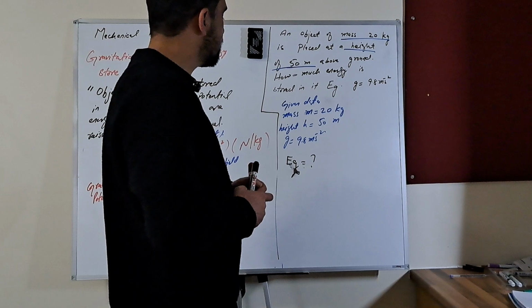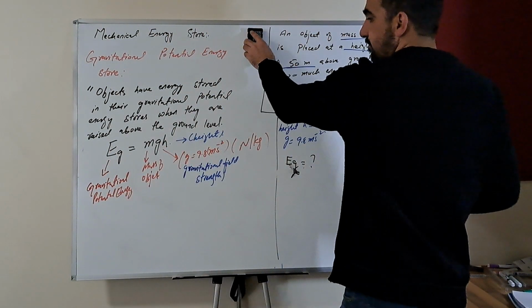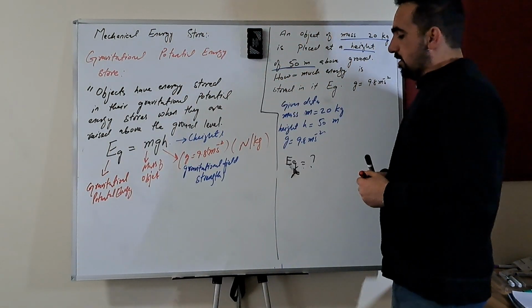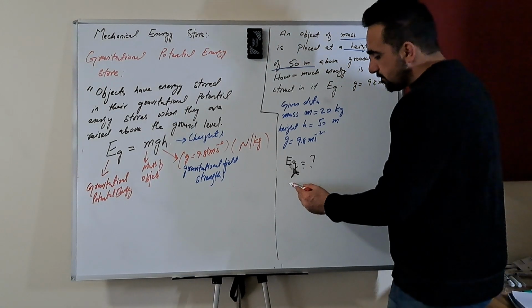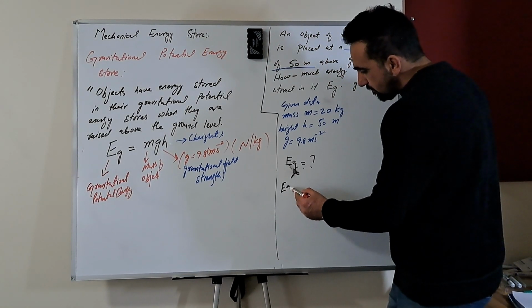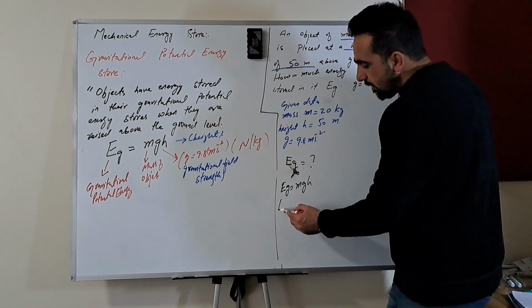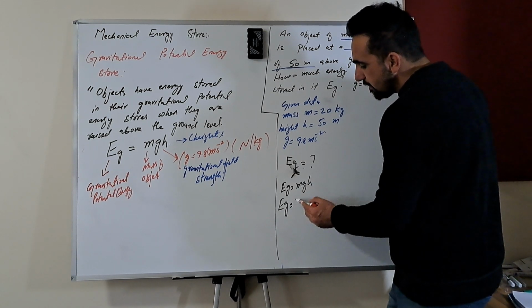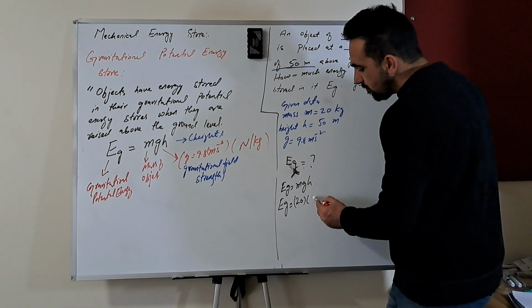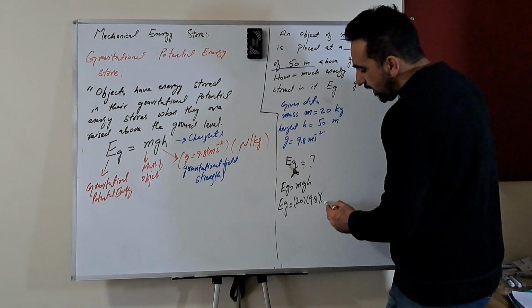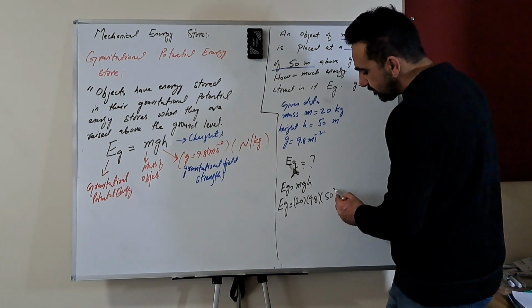So Eg will become mgh. Eg is equal to, mass is now 20, g is 9.8, and height is 50.